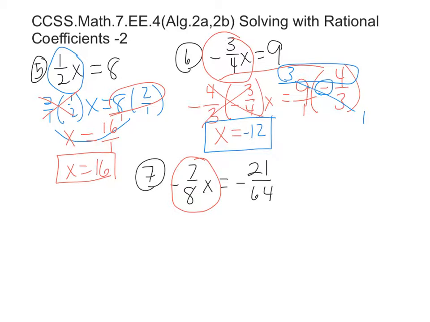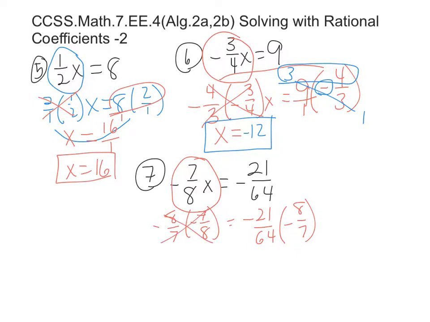So we're going to multiply by the reciprocal, which is -8/7 times -7/8, and that's a 7, equals -21 over 64 times -8/7, because you've got to multiply both sides by the same thing.